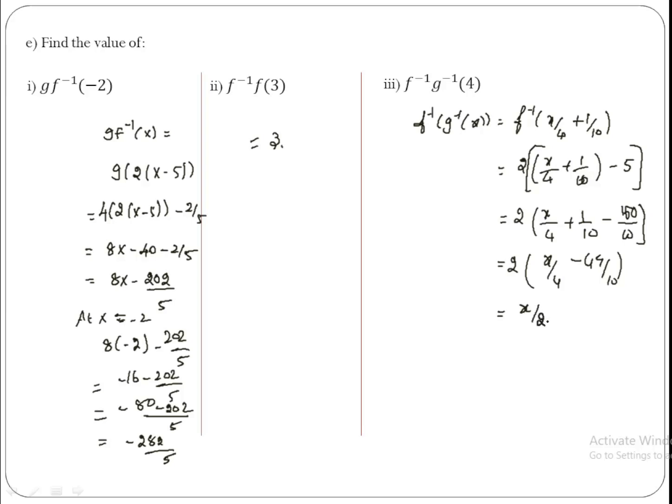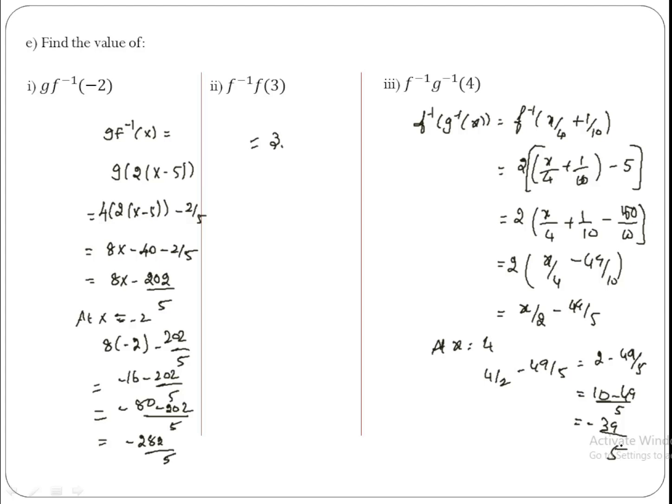Then x by 2 minus 49 by 5. Then we can apply x equal to 4. So 4 by 2 minus 49 by 5. We get 2 minus 49 by 5. Then 10 minus 49 by 5. We get minus 39 by 5. This would be the answer for part E, third question.